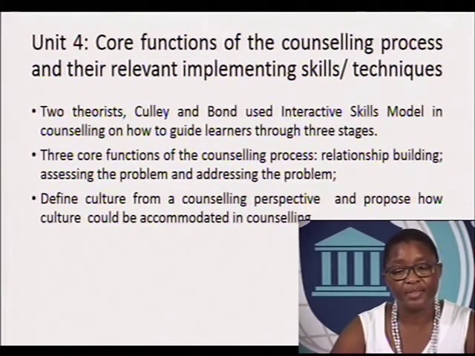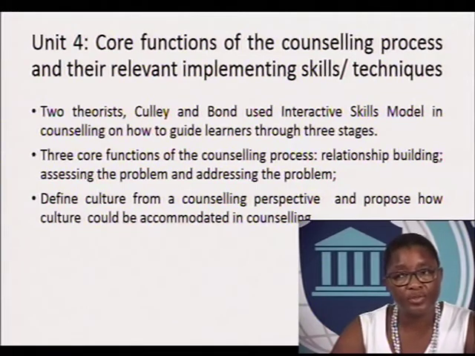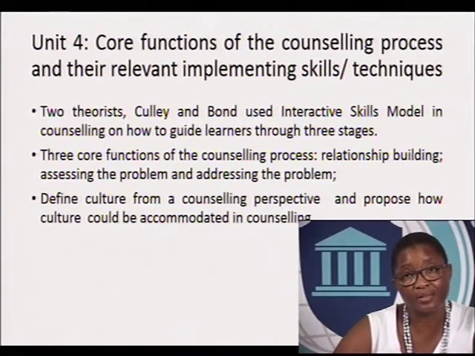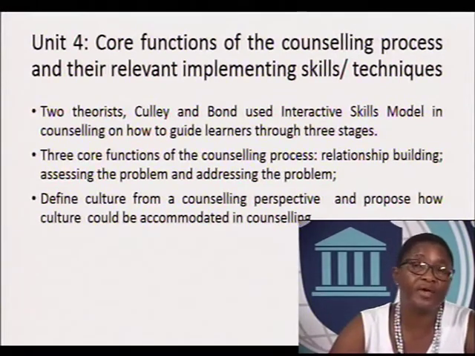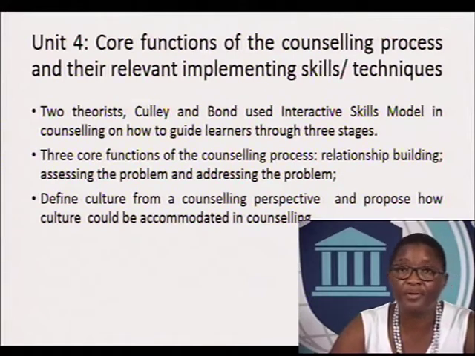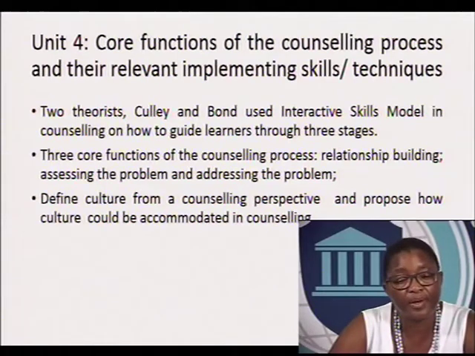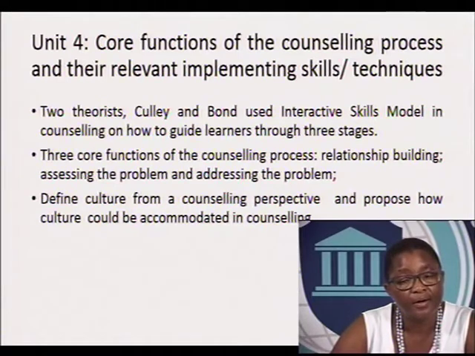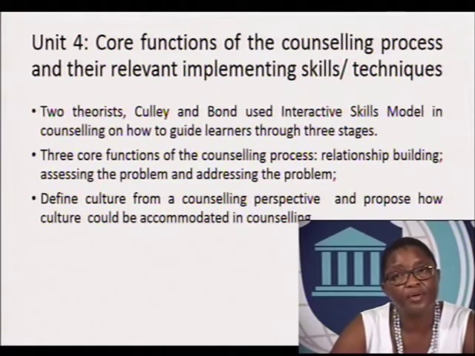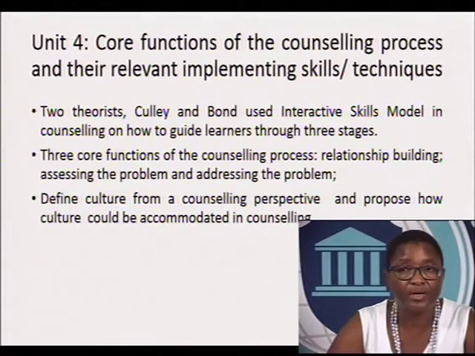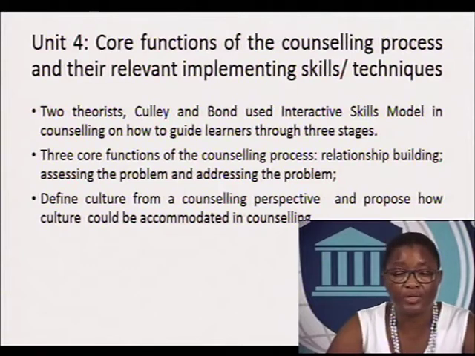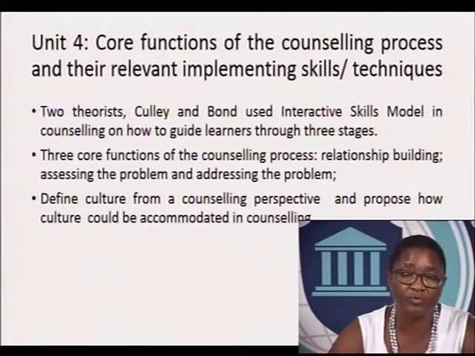For any person to get in contact with someone in order to counsel, or to render assistance by counseling this client, you first need to have a relationship with that person. You have to build a relationship with the person, and you also need to understand what the problem is so as to assess it. After building the relationship, you assess the problem, and once you are satisfied, you look at how best you can assist the client to solve his problem.